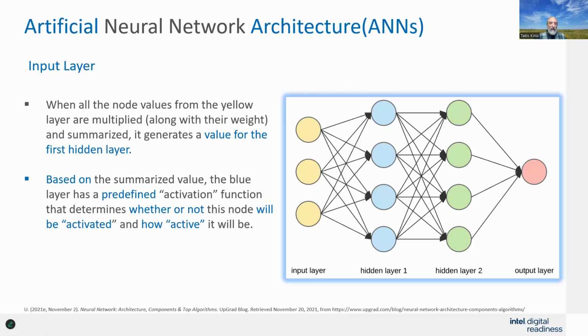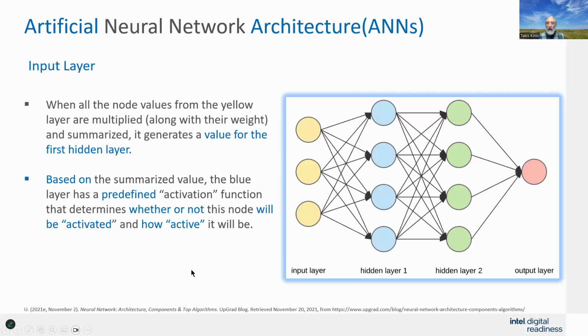Where it says when all the node values from the yellow layer are multiplied along with their weight and summarized, it generates a value for the first hidden layer. So in other words, we look at what these are and their weights, and then that gives us a value for why we're going here. Based on that summarized value, the blue layer has a predefined activation function.